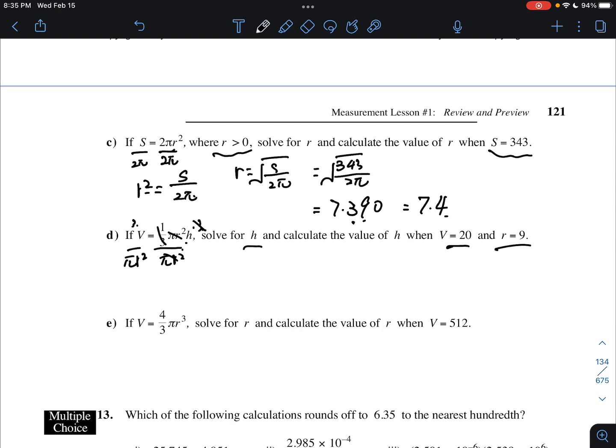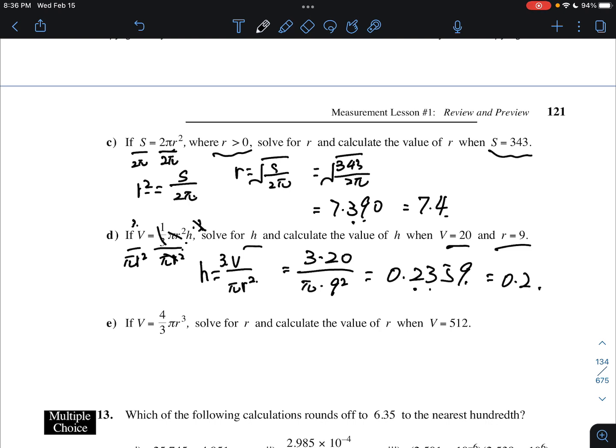So we can rewrite the equation as H equals V divided by pi R squared, and don't forget the 3 here. And then we can put the value in the equation. So it's 3 times 20 divided by pi times 9 squared, and use your calculator. So you can find your answer is 0.2359, and we need the tens, and look at 3 is 4 or less, so we can leave it alone, so it's just 0.2.